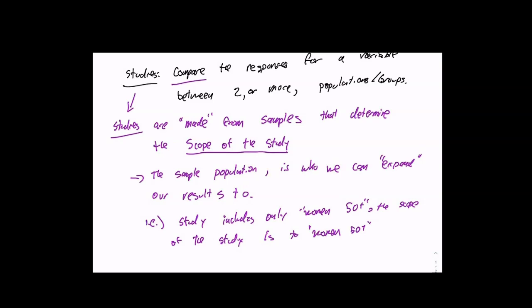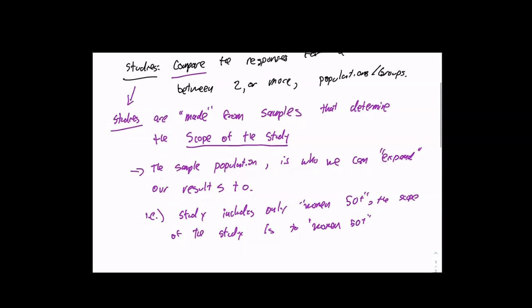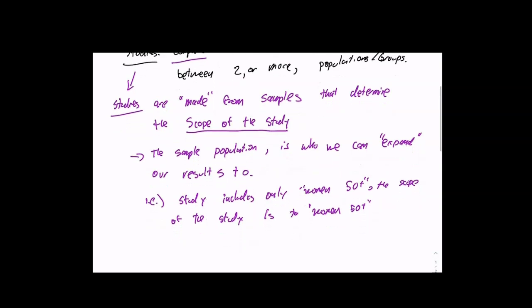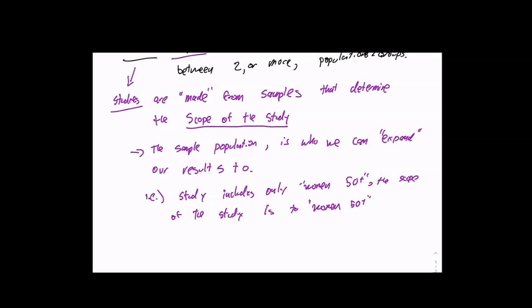But if you were not, in most cases it still may apply to you. The results of the study cannot be applied scientifically to you since you were not in the scope of the study. All right, so scope of the study, the sample population, so it's who that sample is taken from.